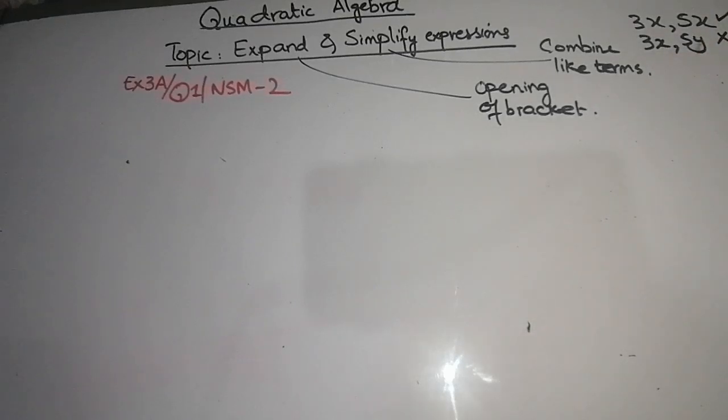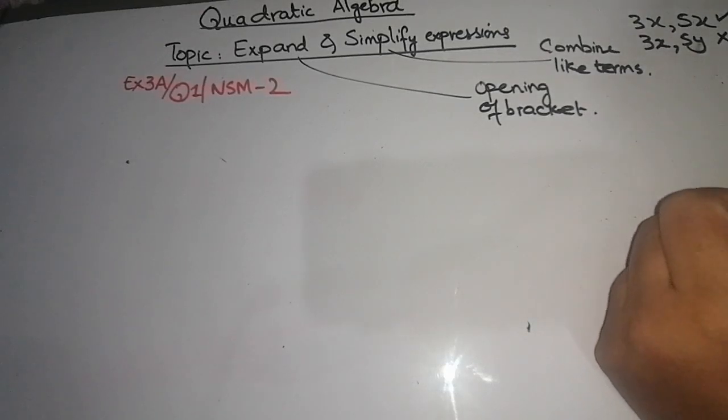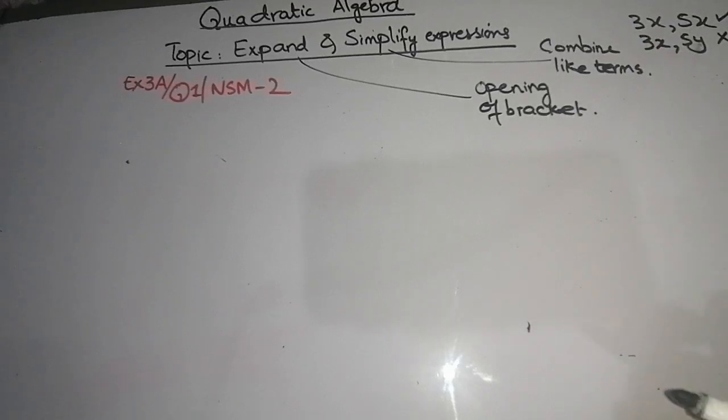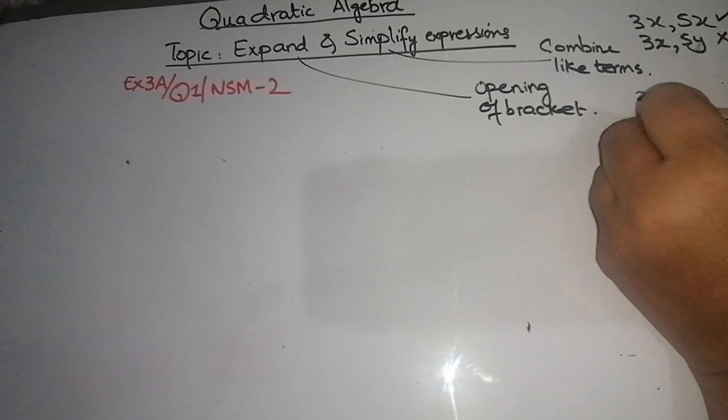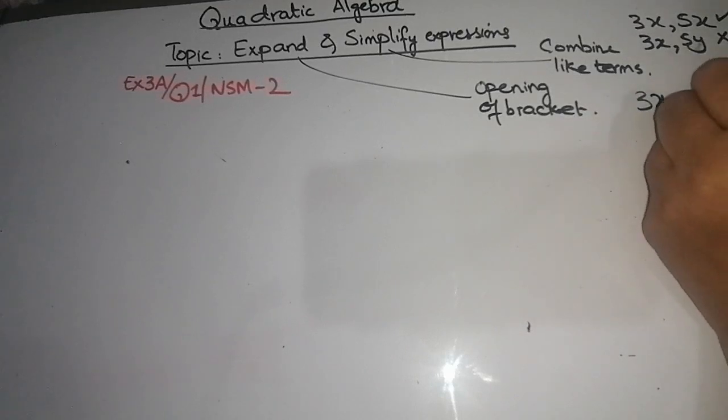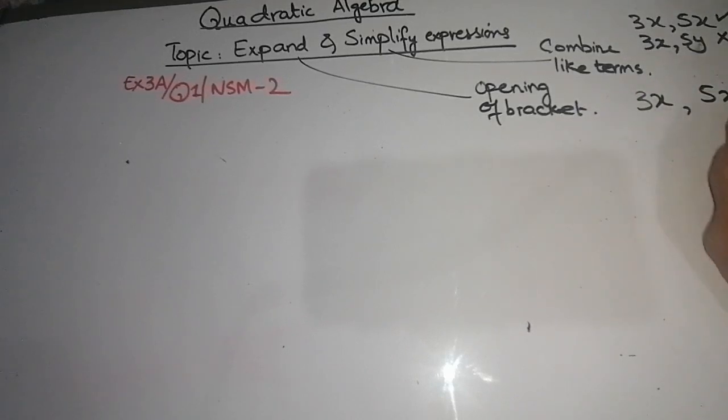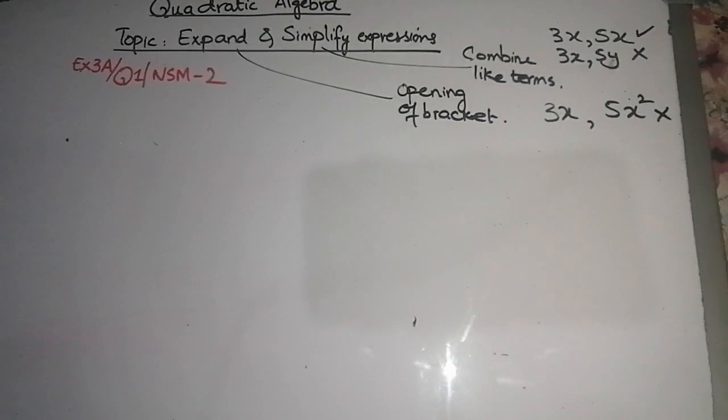But we are dealing with quadratic expressions this time. In a quadratic expression, not only should the variables be the same in a term, but also the powers must be the same. So 3x and, let's say, 5x square are not like terms. You cannot combine them. Please remember this.